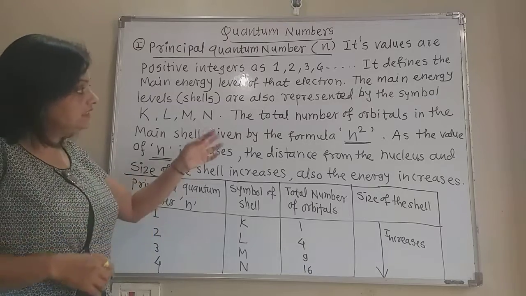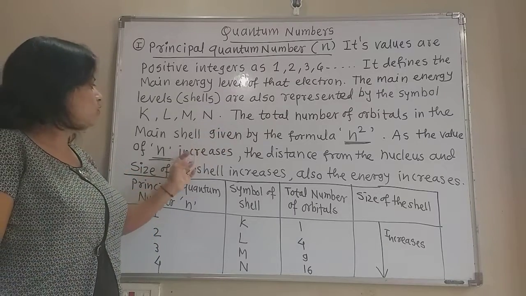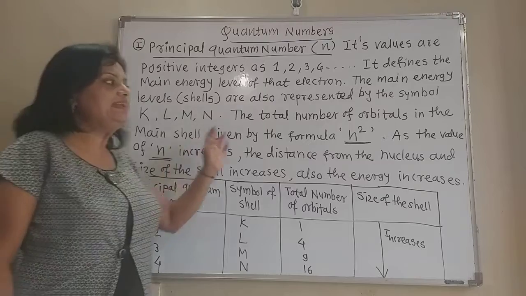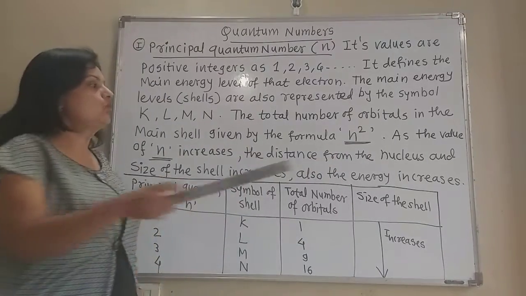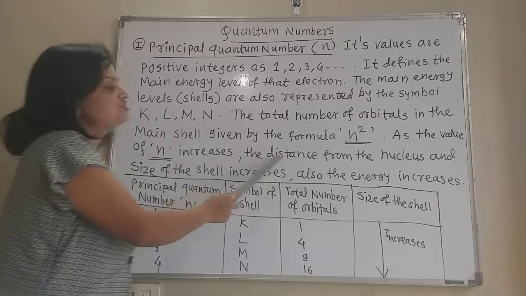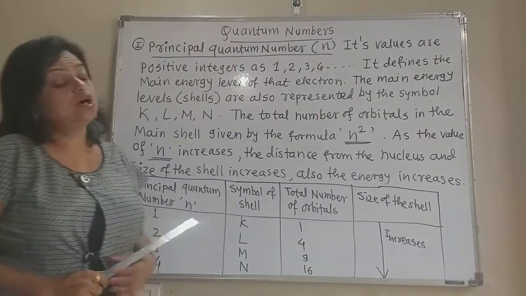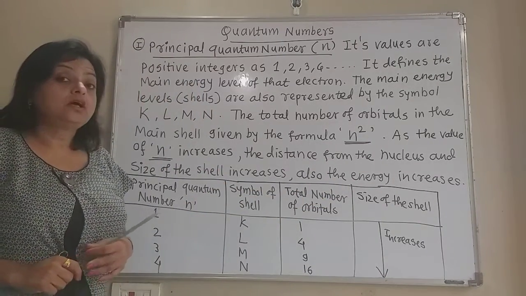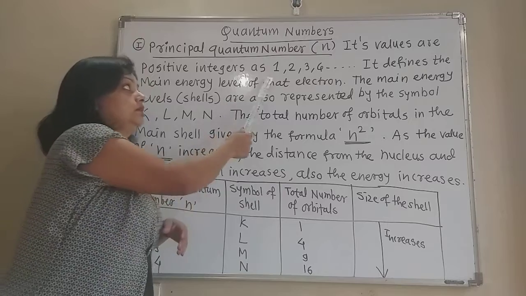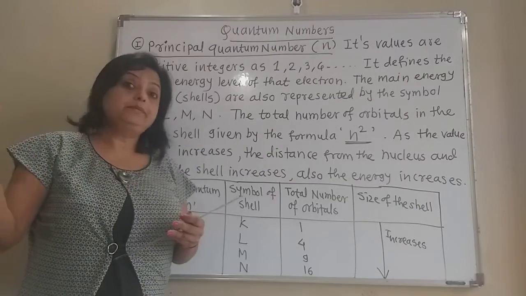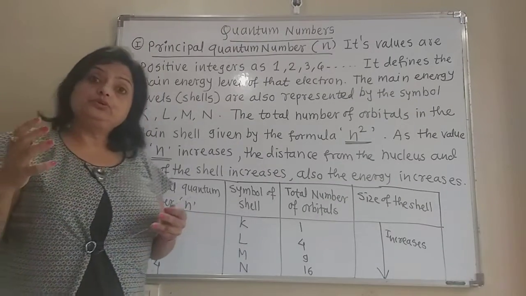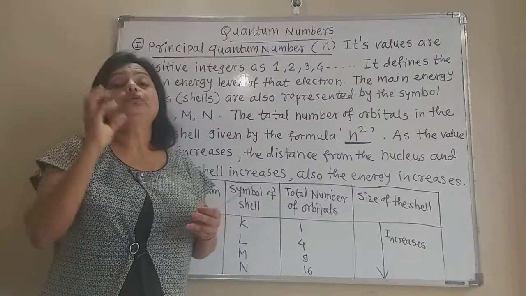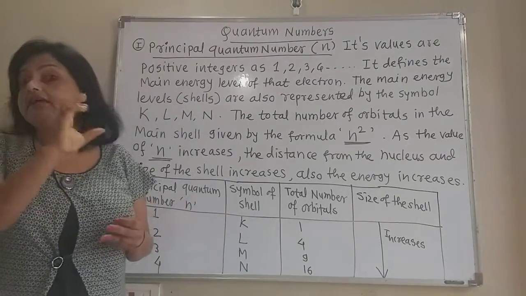As the value of n increases, the distance from the nucleus also increases, because the shell becomes bigger and bigger, and due to that the distance between the nucleus and the electrons increases.